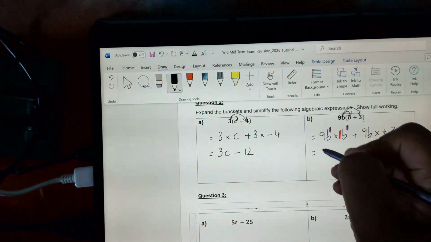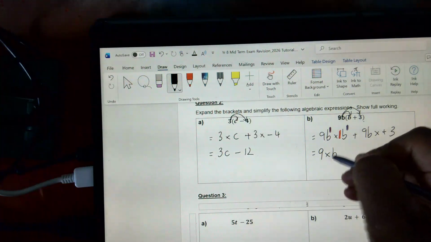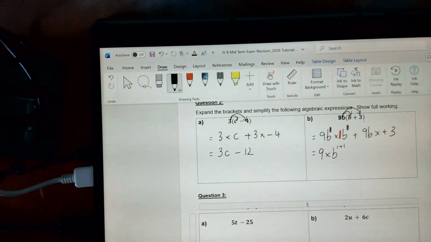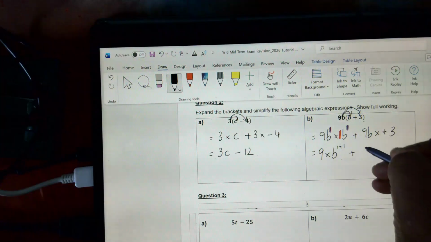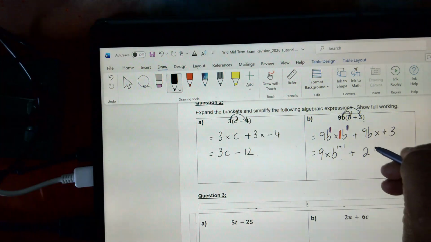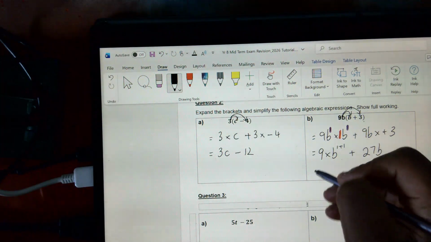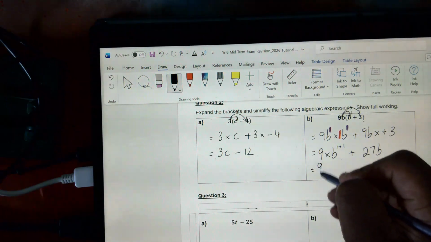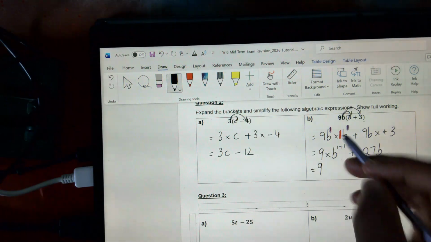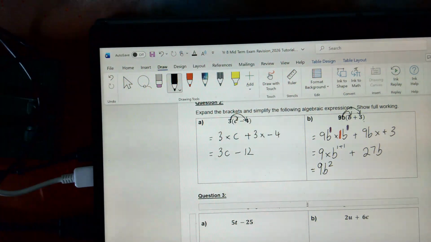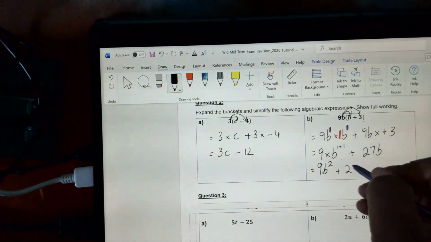So I'm going to have 9 times b to the power 1 plus 1, plus 9 times 3 is 27 times b is b. Just to simplify this further, we know that 1 plus 1 is 2, so really this is 9b squared plus 27b.